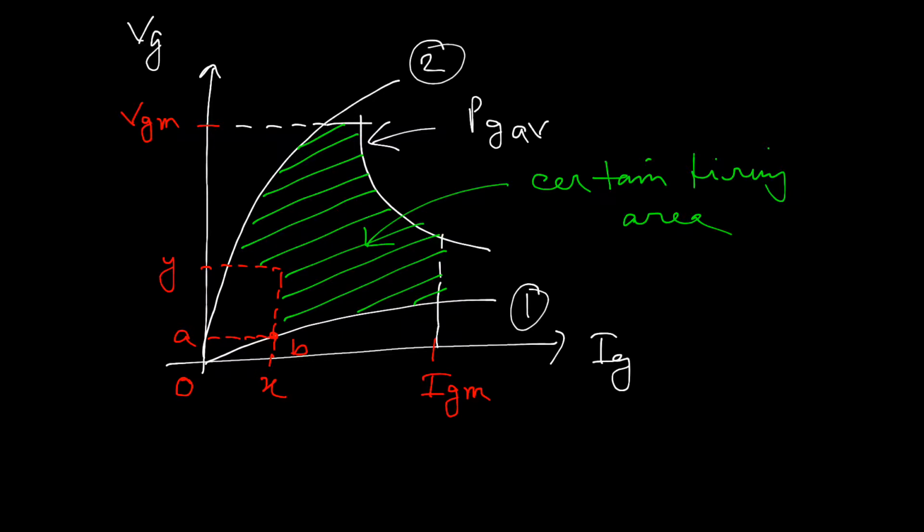So from this figure we can conclude that OX is the minimum amount of gate current up to which the thyristor is not able to fire. OY is the minimum amount of gate voltage up to which the thyristor cannot be fired properly, and O small a is the minimum amount of the gate voltage that is not able to fire the thyristor.